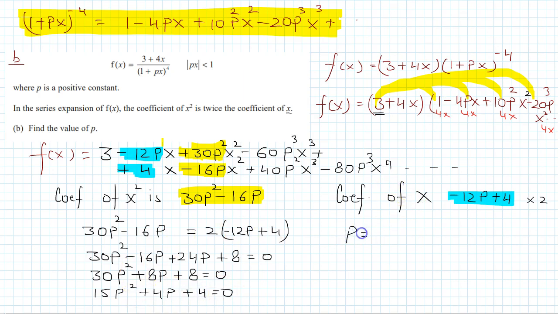So p will be, let's use the formula. This is A, this is B, this is C. So if you use the formula, that is minus B plus minus root B² minus 4AC, where A is 15.